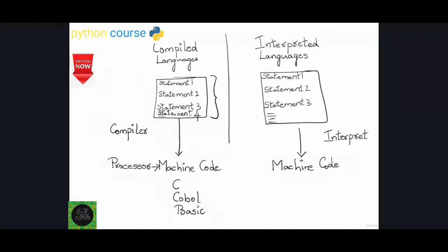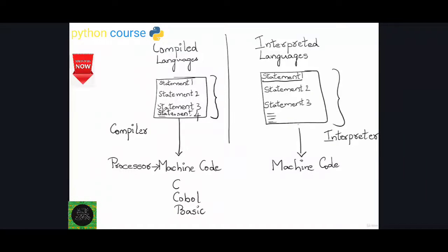So what is the difference between a compiler and an interpreter? The interpreter translates code instruction by instruction. So in your source code, it goes to the first statement and then it translates it into machine code.